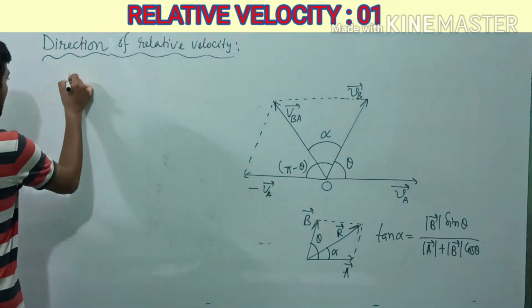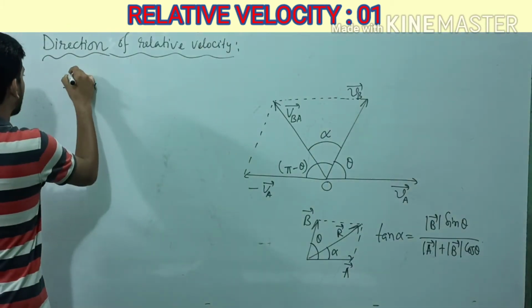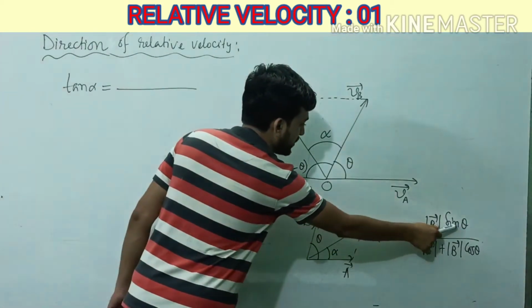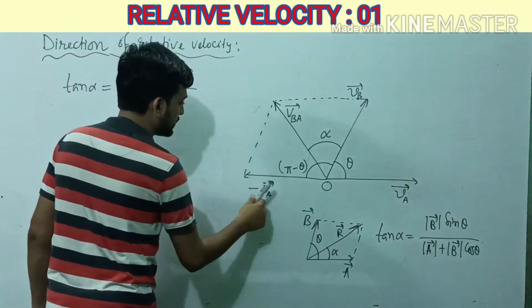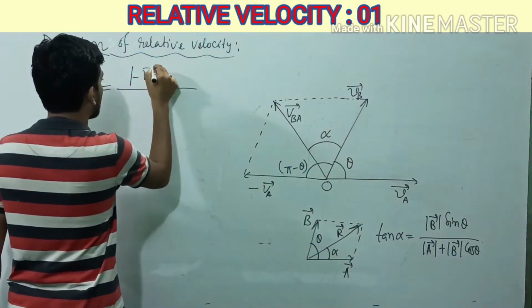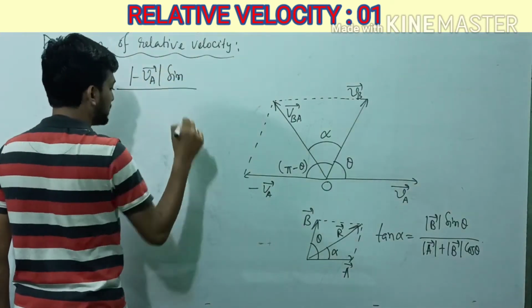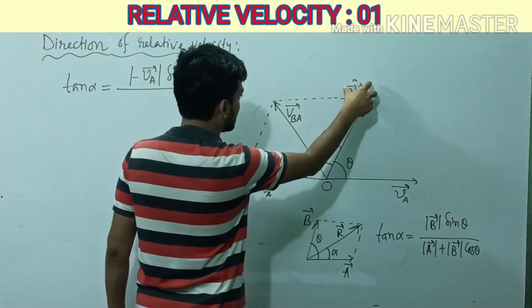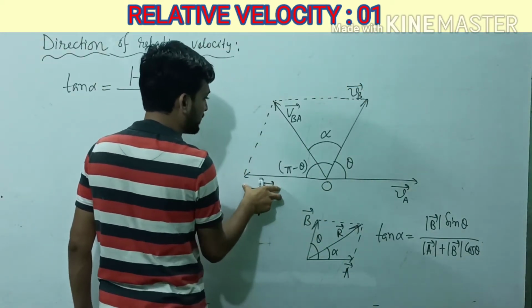So directly we can write tan alpha is equal to mod B sin theta. Mod B means this one is B, mod minus VA, sin theta. What is theta? Theta is the angle between the two vectors A and B. What are the two vectors here? VB vector and minus VA vector.